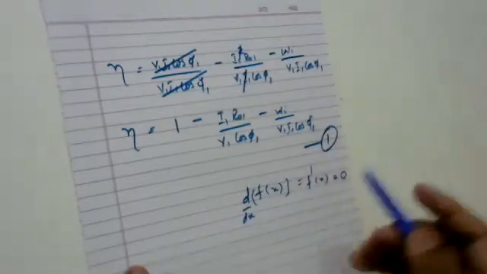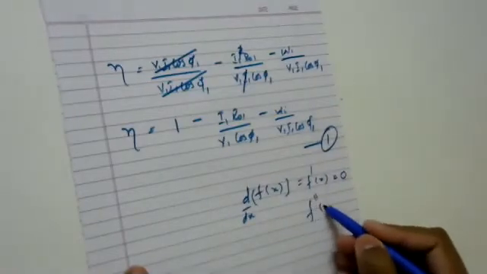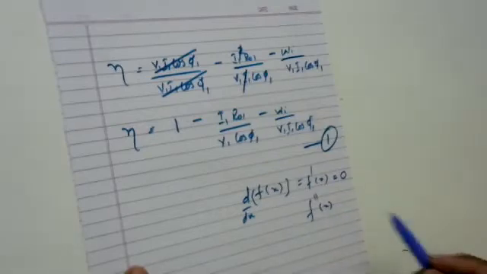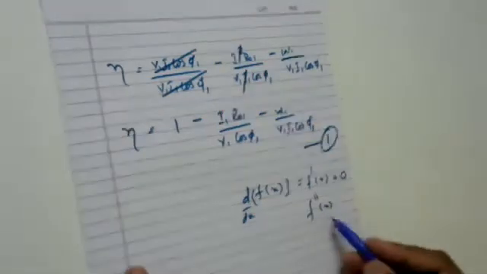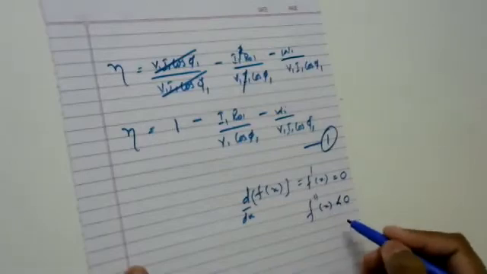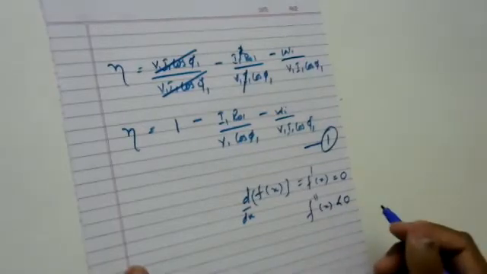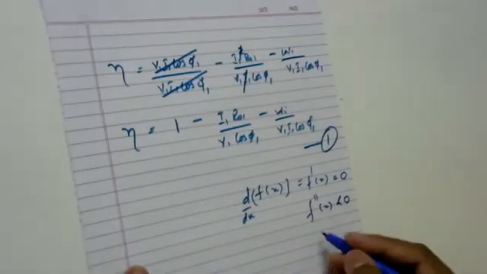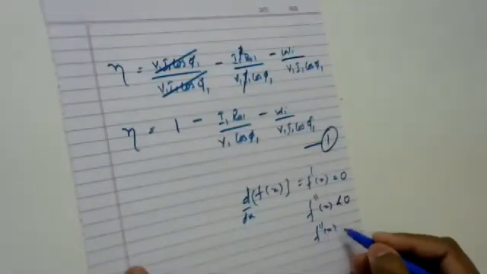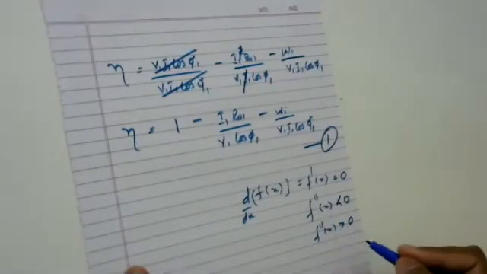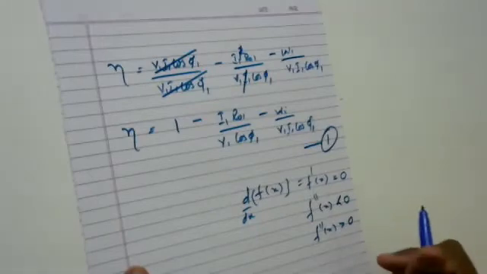Okay, but if you want to compute what is the maximum point, that is nothing but maxima, then you are going to compute f double dash of x, and if the value of f double dash of x is less than 0, then the function is said to be a maximum function. And if f double dash of x is greater than 0, it is said to be a minimum function.